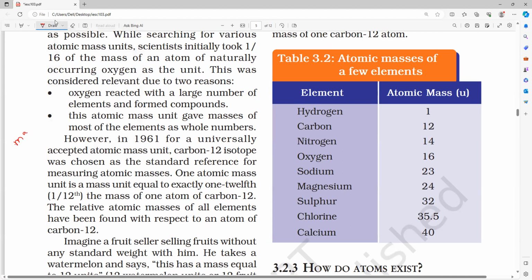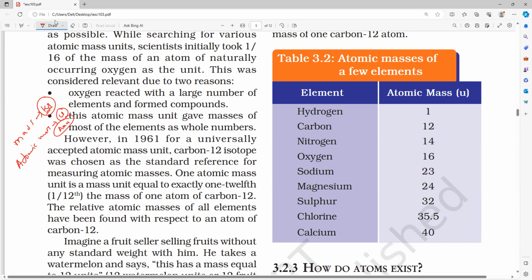Now, atomic mass is an extremely small unit. We cannot measure in kilograms. So the unit of atomic mass is U, which means AMU, atomic mass unit. What is that atomic mass unit and how much is that value? That is all we will study.